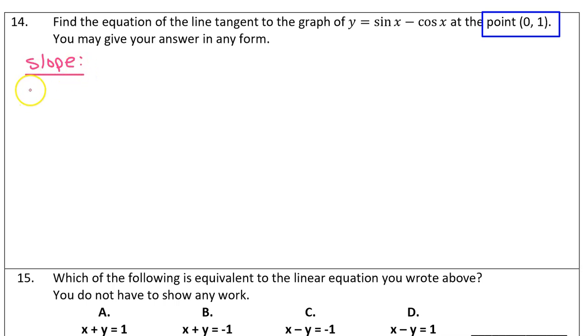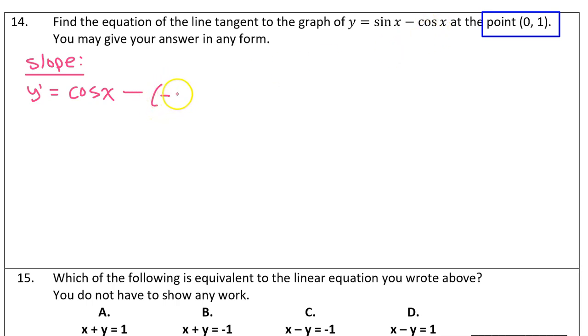To find the slope, we're going to need f prime, well, y prime, and we're going to find that by taking the derivative term by term. The derivative of sine x is cosine x. And then I see that minus there, which I'm going to put there temporarily because the derivative of cosine x is negative sine x.